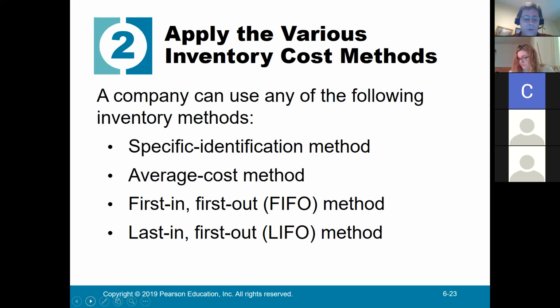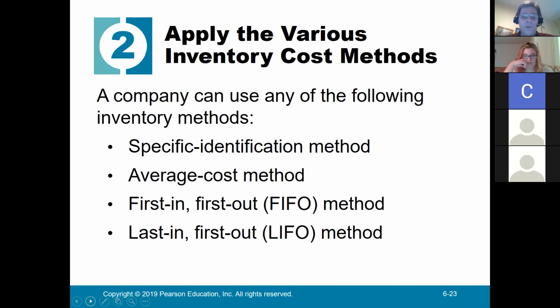Not that you shouldn't understand the concept behind the others, and basically the concept isn't difficult, but sometimes in practice it can get a little confusing. The actual application is sometimes where we have some trouble.